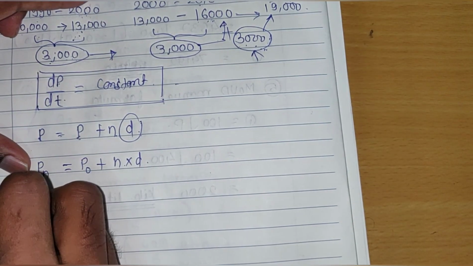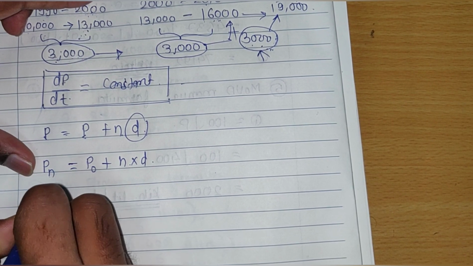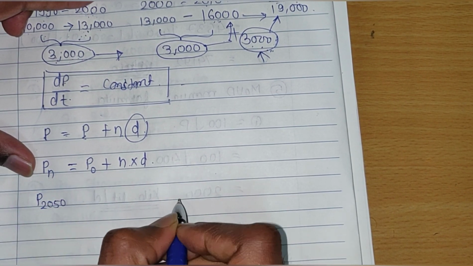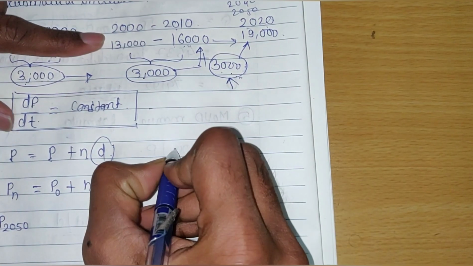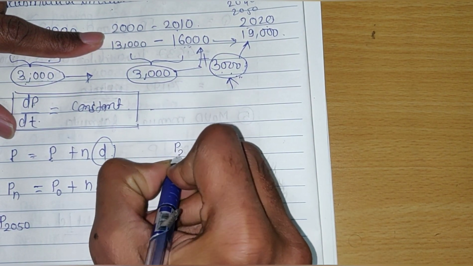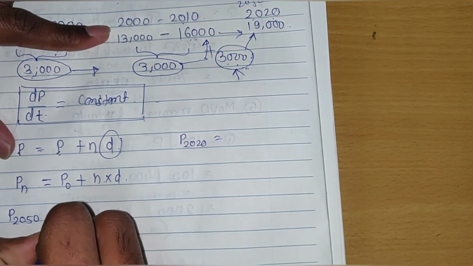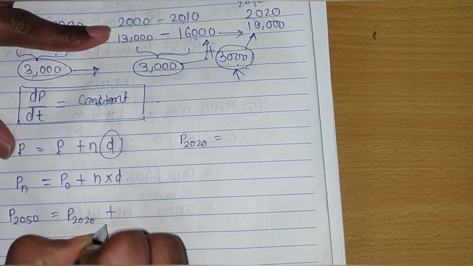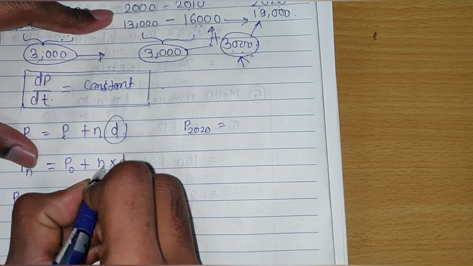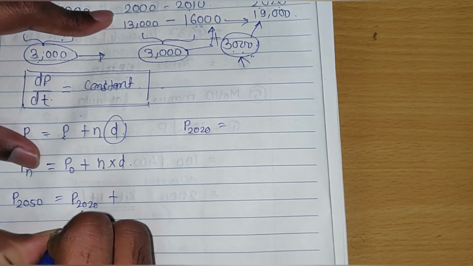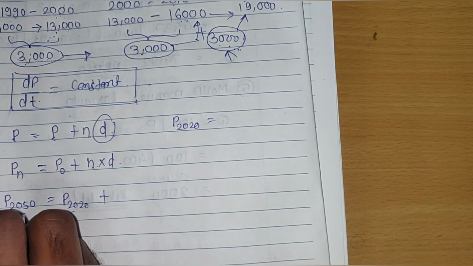For more simplification I will write this in terms of years. P 2050. I have to find the population of 2050 and the present population P 2020 is given. So the present population is P 2020 plus n, the number of decades between the given present population and the forecasted population.